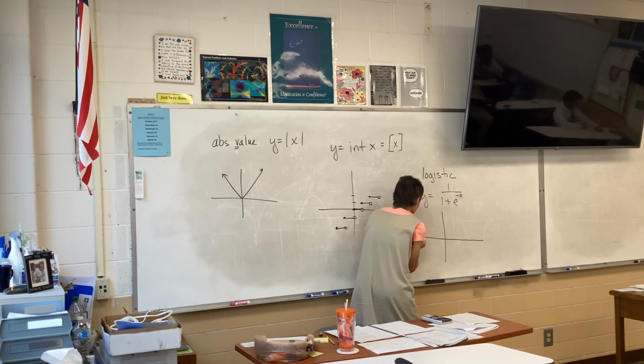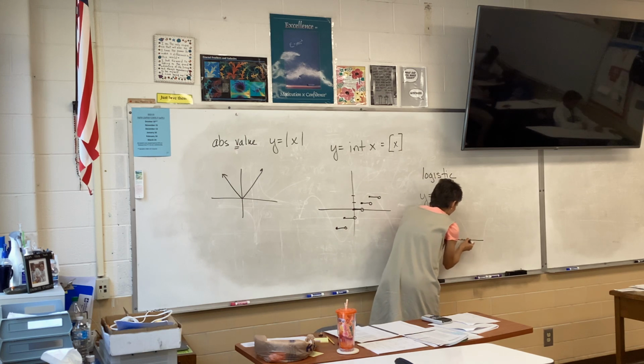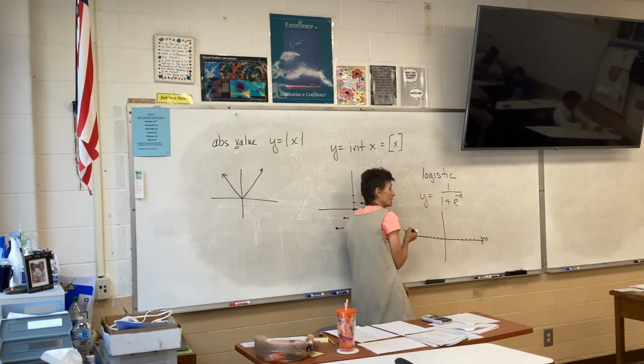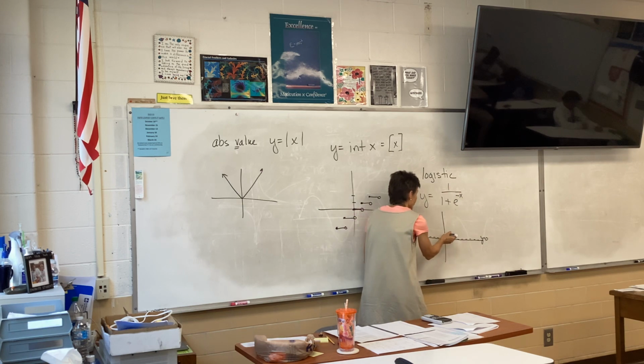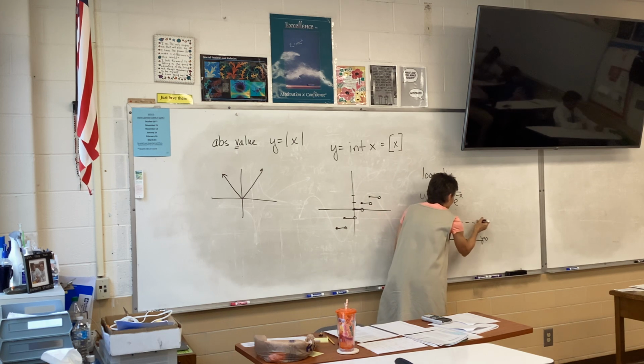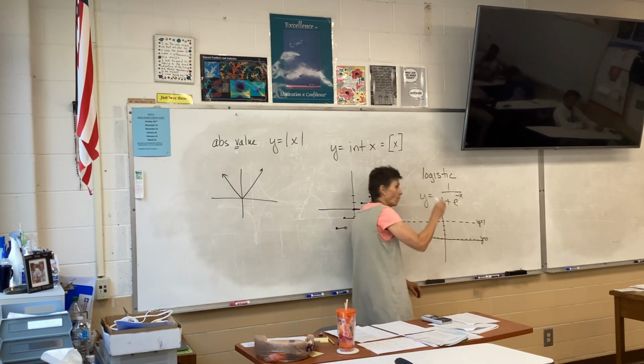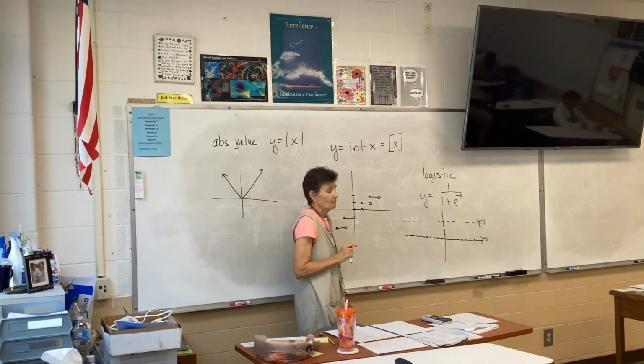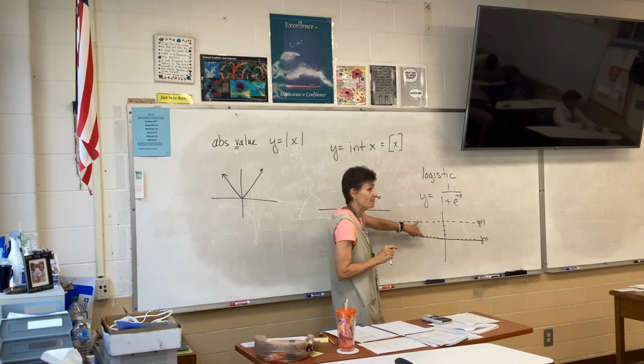Put an asymptote at 0. Now, we need an asymptote at 1, but again, since your grid is so small, count up a few and just label it 1. Just go up somewhere and put another asymptote, and that's 1. Because the whole picture is in between 0 and 1.